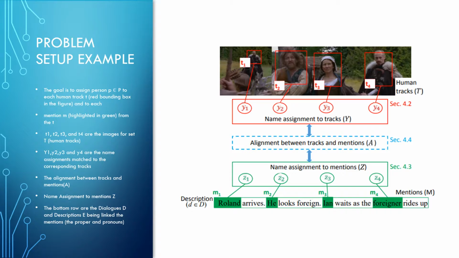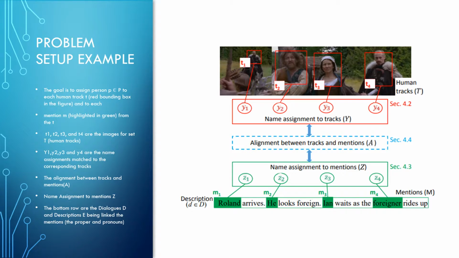And Y1, Y2, Y3, and Y4 are the name assignments matched to the corresponding tracks. Now right beneath it, between the blue arrows and dotted blue boxes, is the alignment between the tracks and the mentions themselves.